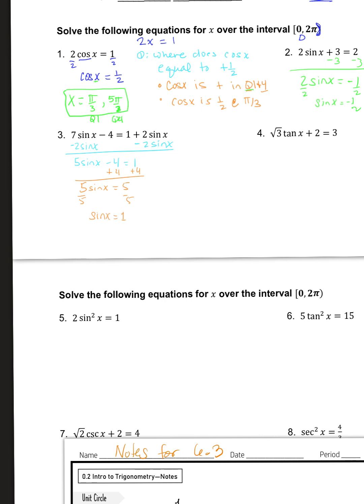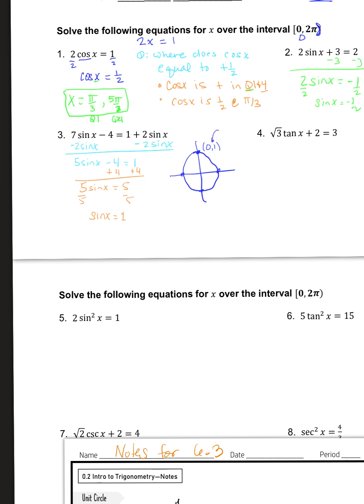Okay, so where does sine equal 1? And this is where I was talking earlier about the quadrantal angles, those angles that are on the axis. So when you draw your axis on this unit circle, the radius is always 1. And I am looking where sine equals 1. At pi over 2, this point here is (0, 1).